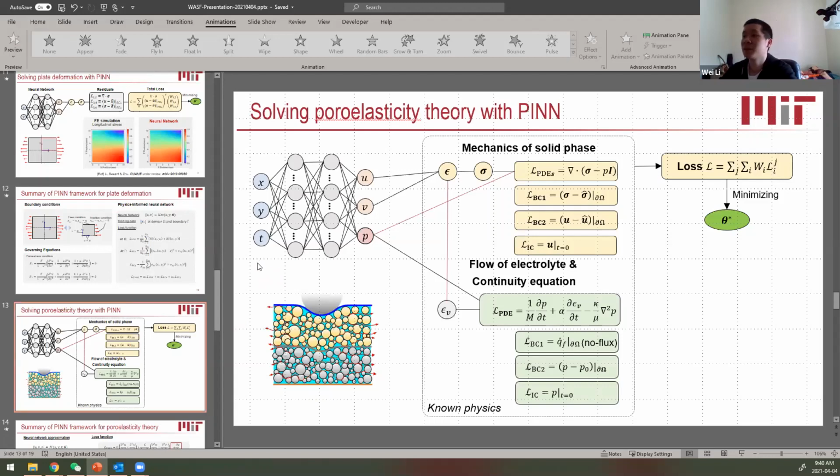So for the time series, I guess there are actually two different frameworks or two different strategies for a time-dependent problem. In this problem, I directly treat the time as the input.